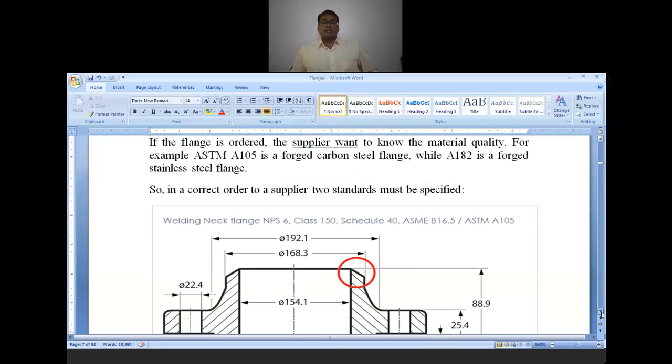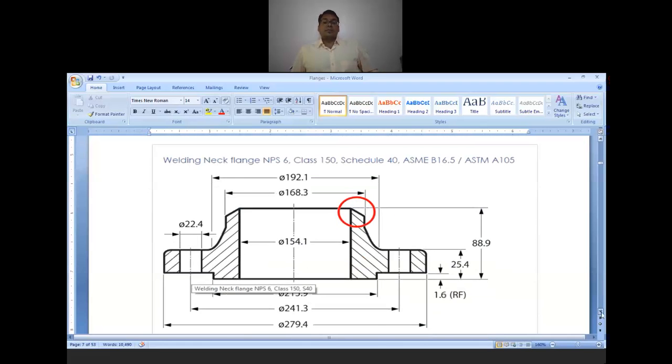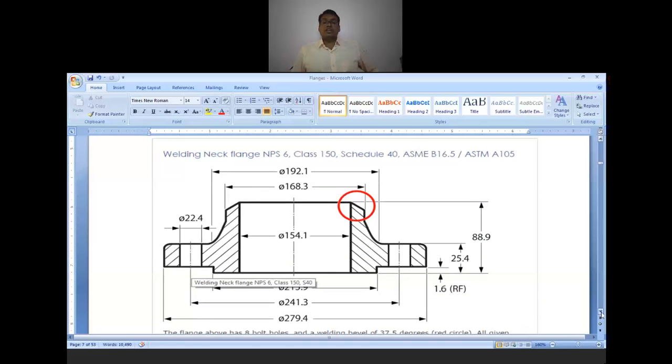Now, when you come to the understanding of the flanges, the terminology associated with this is schedule. Schedule, in the case of your pipes as well as your flanges, is very important. Schedule and class. Here you can see class 150 and schedule 40. These are the standards, according to ASME or ASTM A105. This is a welded neck standard flange.